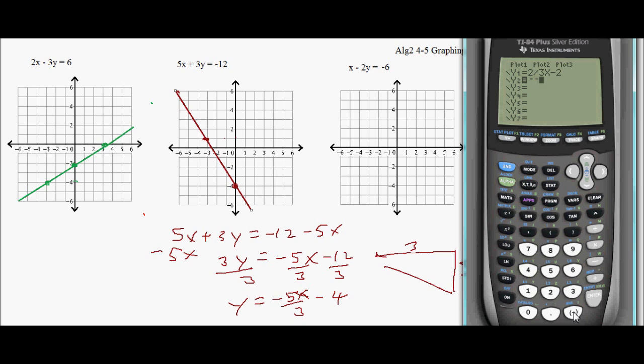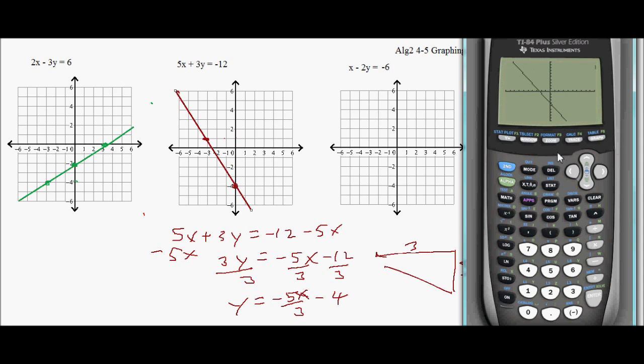You got to hit this negative. This is a negative, not a subtract. 5 divided by 3 x. Oh, too many negatives. Delete that one. Cursor back. Subtract 4, and then this is subtract. Now this is highlighted, so this one will be graphed.